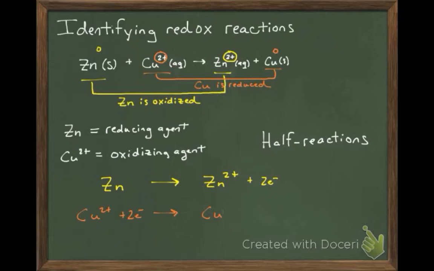In this case, we have written out the reducing half reaction of copper 2 plus to neutral copper. If we add those 2 reactions, the electrons end up canceling out. We have 2 electrons on the reactant side and 2 on the product side. Those cancel out, and the sum of the half reactions should equal the complete reaction that we have above. Zinc plus copper 2 plus goes to zinc 2 plus and copper.